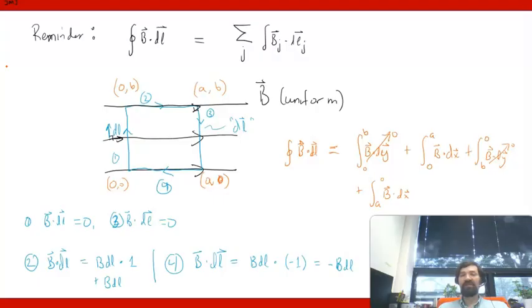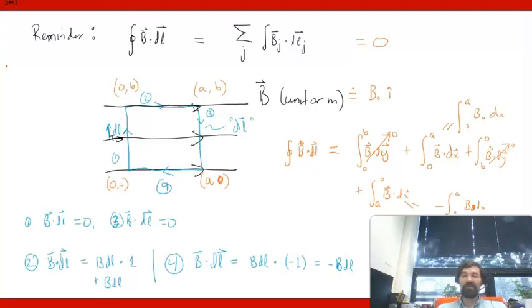And so this B dot dx term ends up just being from 0 to A of whatever B field we have, maybe like B naught i hat. So you'd have B naught dx, and this term ends up being the integral from 0 to A, again, of B naught dx. And so obviously these two cancel, and so for this system right here, the total ends up being 0.